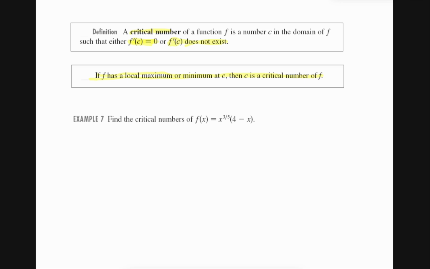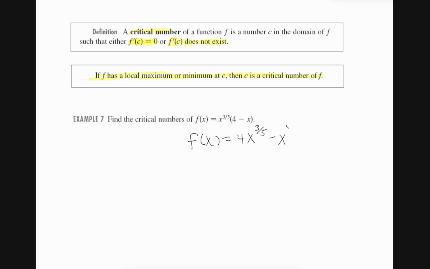So this function requires that if we do the derivative, we have to distribute to make it prettier. So before we get started, let's go ahead and do a little rewrite. So that would be 4x to the 3 halves minus, now that would be 5 halves plus 3 halves.